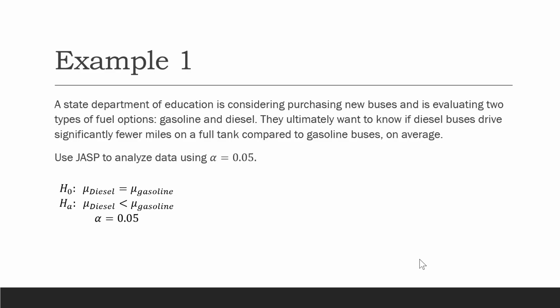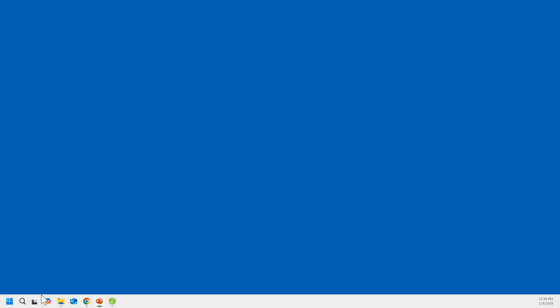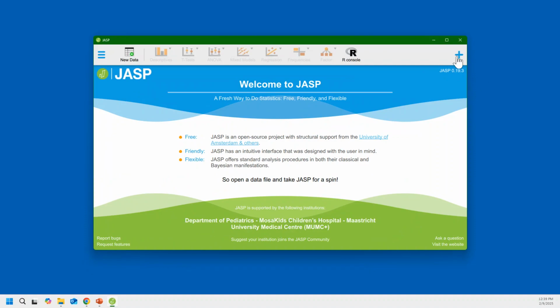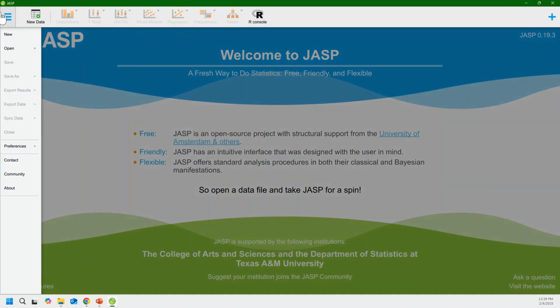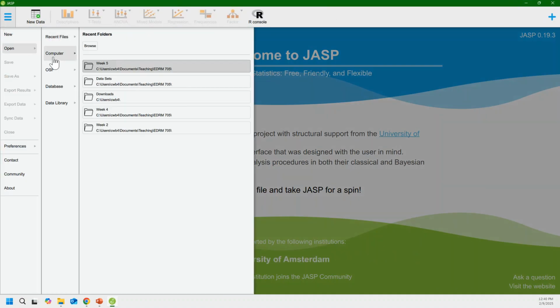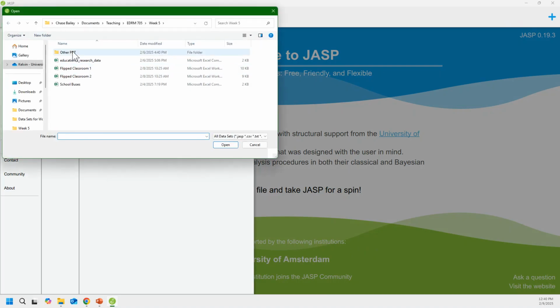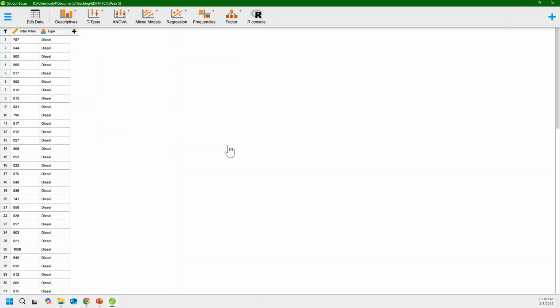All right. And so what I want to do is, now that I know my hypotheses, I want to go and import my data into JASP, and then also run some descriptives and look at my assumptions. And so I'm going to open JASP, and I'm going to open my data set. Week 5 is here. I have school buses is the name of the data set. So I'm going to open that up.